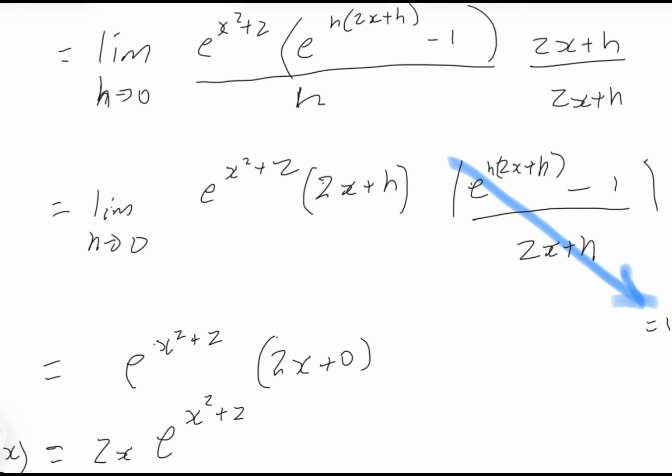So now we have e to the h times brackets 2x plus h minus 1, and then over the 2x plus h in the bottom. But that will also be times h.